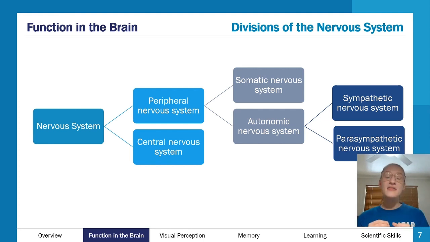Whereas our parasympathetic nervous system is our rest and digest. That's our normal day-to-day system that facilitates bodily functions like digestion. It also can contribute to emergency responses such as the freeze response, but it's mainly thought of as a non-emergency system. So sympathetic, think fight or flight, and parasympathetic, think rest and digest.